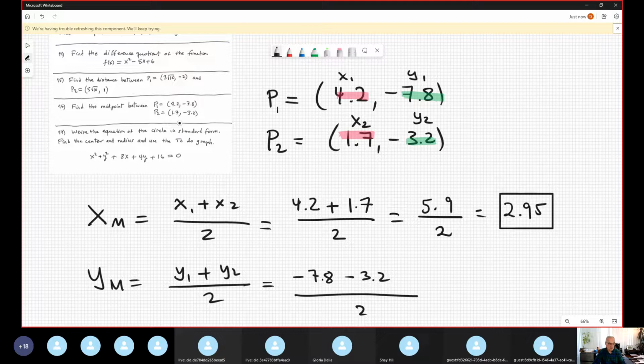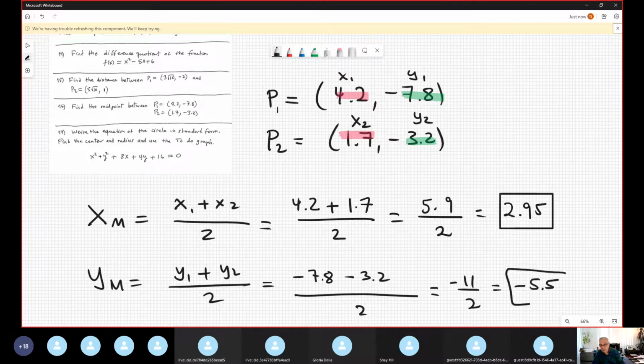And this is 7.8, obviously it's 11, negative 11. But let me check it with the calculator. 7.8 minus 3.2. Oh, it's 11. It's 11, right? Minus 11 divided by 2, and 11 divided by 2 is 5.5. Negative, of course. Negative 5.5.